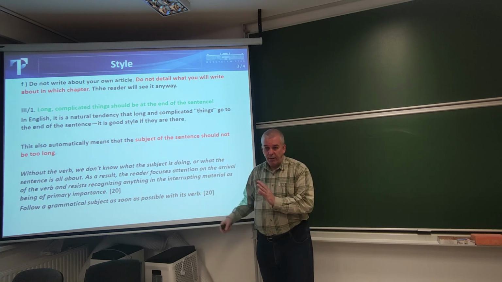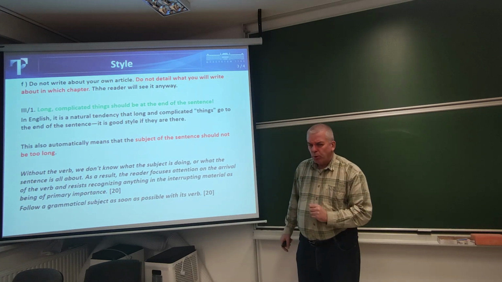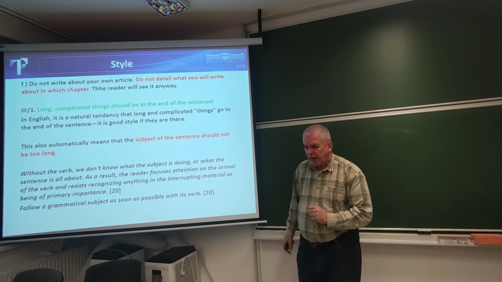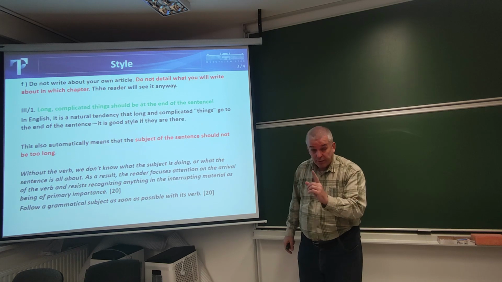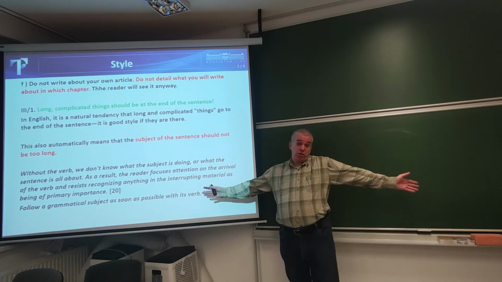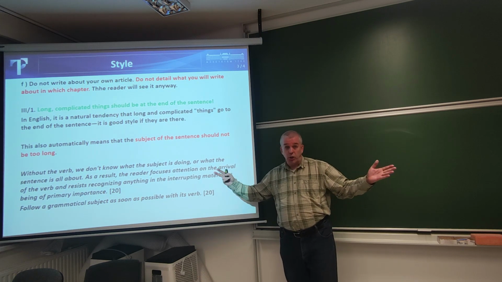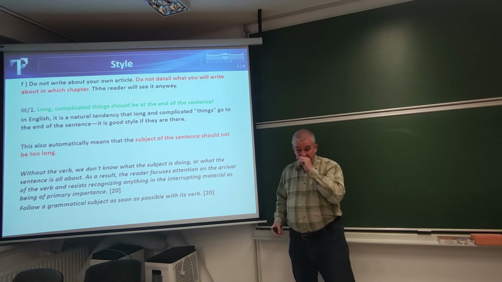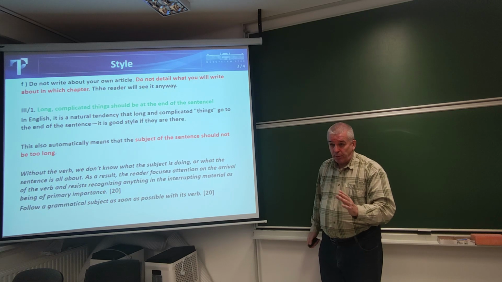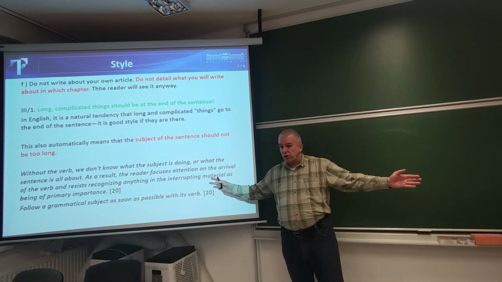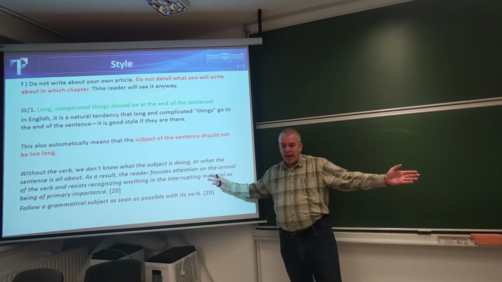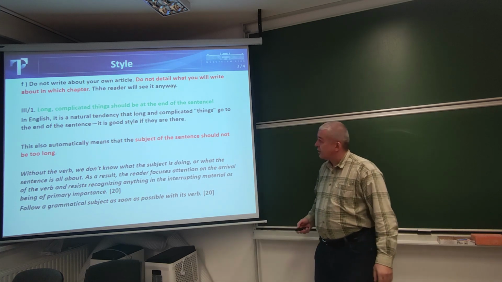Go to the end. Can you do it with a short book? Put on the table the book. Is that correct? No, it isn't. But if the book is very long, it must go to the end. Put on the table the book that you bought yesterday, even though I told you not to. Okay? This was a very, very simple example, but this is a very general rule of English. It's an axiom. A very general rule of English.